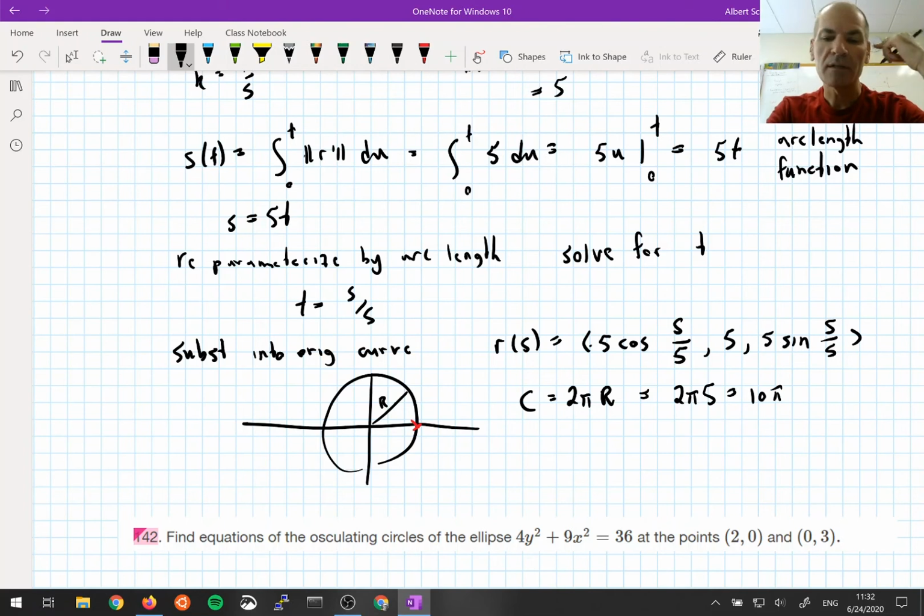All right, where are we if we go halfway? How do I tell somebody to get over to, say, this point? Well, I tell them to travel a distance 5 pi along the circle. So here, go 5 pi units along the circle.